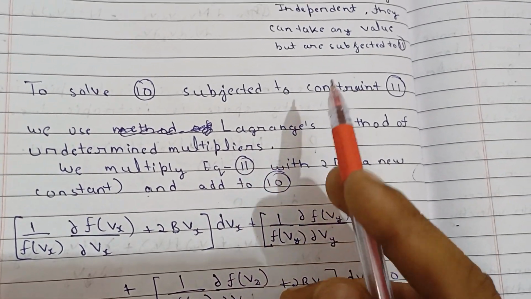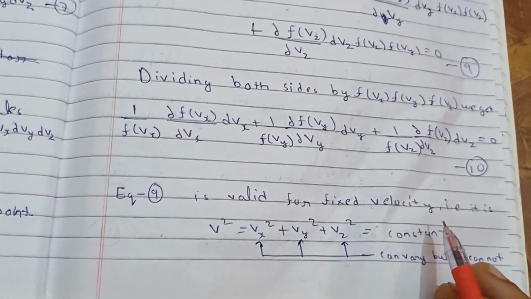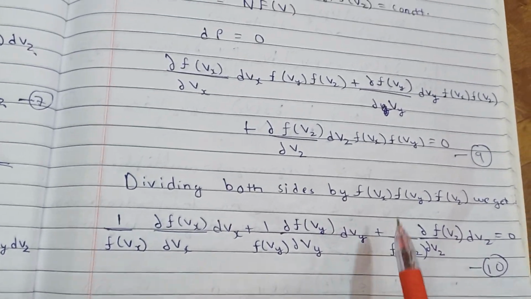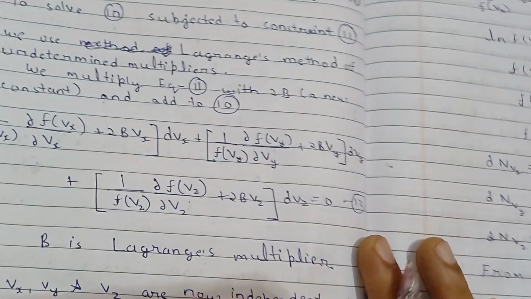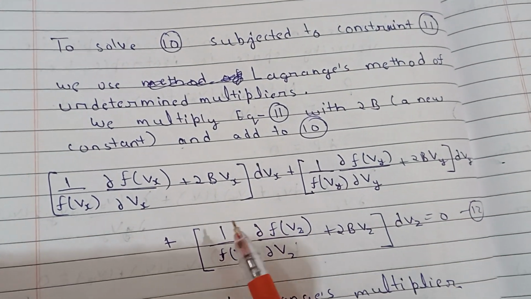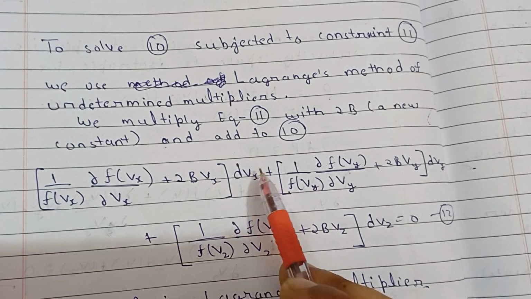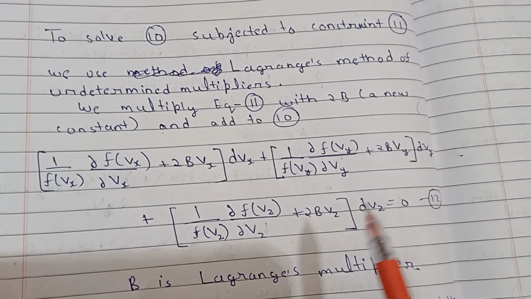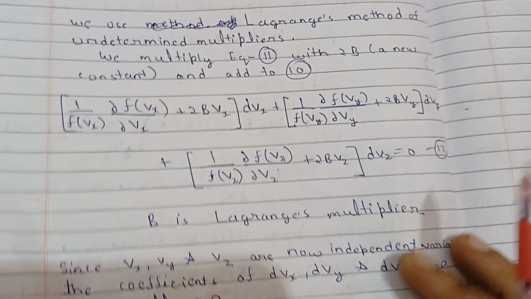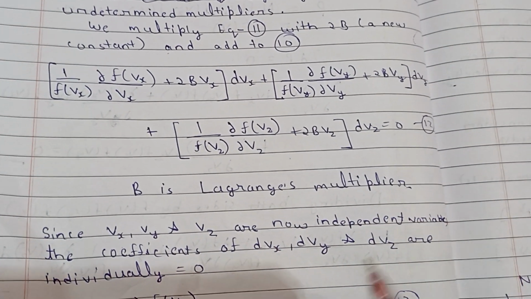We multiply equation 11 by 2b and add it to equation 10, and then we will get independent variables. So equation 11 with 2b plus equation 10 will give you 2b vx dvx, 2b vy dvy, and so on. Now vx, vy, vz are independent variables.